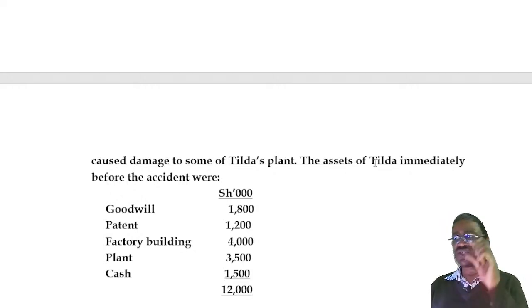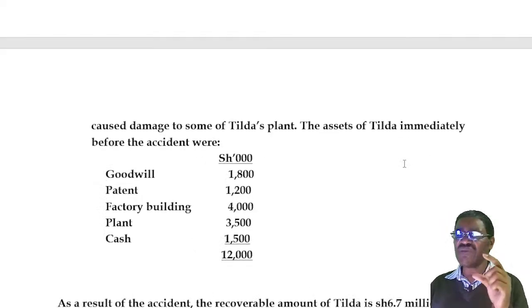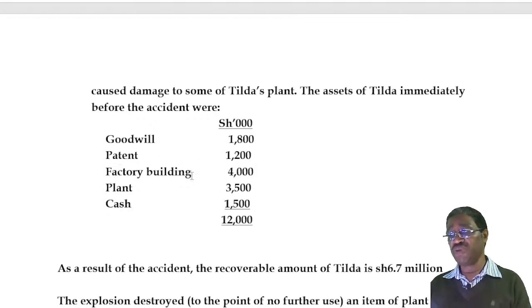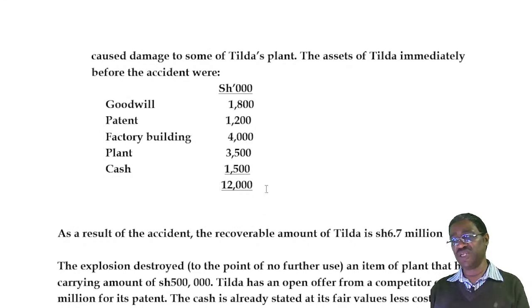The assets of Tilda immediately before the accident were goodwill 1.8 million, the figures are again in thousands, patent 1.2 million, a factory building 4 million, plant 3.5 million, cash 1.5, totaling 12 million.